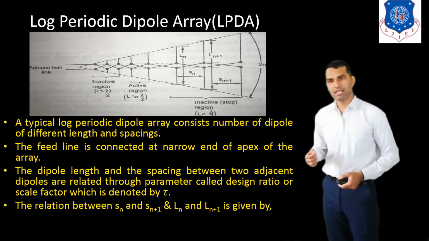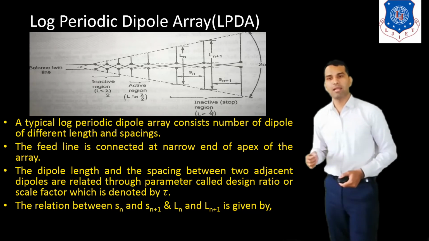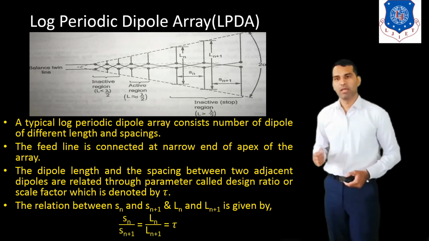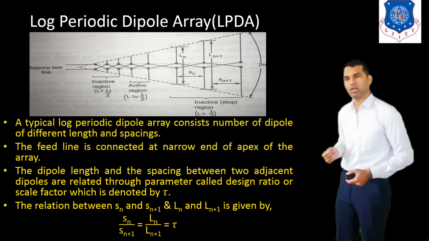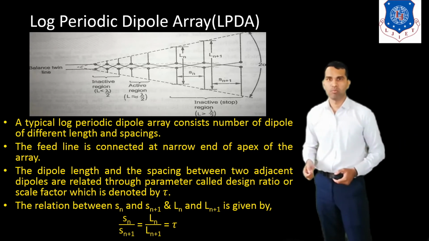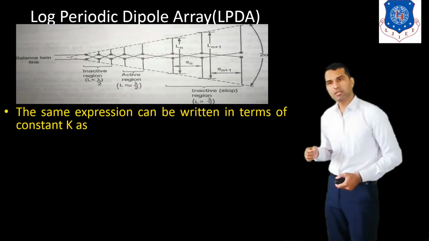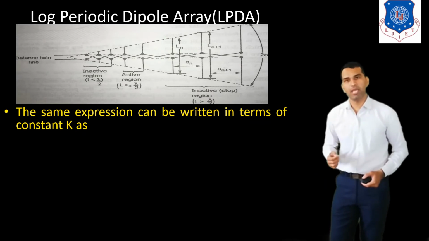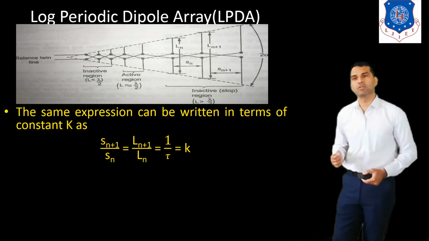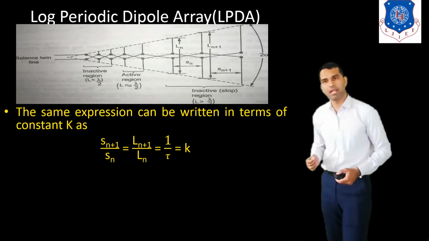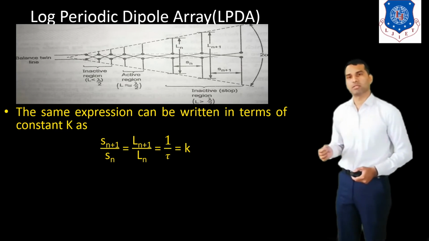The relation is given by Sn by S(n+1) is equal to Ln by L(n+1) is equal to tau. The same expression can be written in terms of k as S(n+1) upon Sn is equal to L(n+1) upon Ln is equal to 1 upon tau, and we can write 1 upon tau is equal to k.